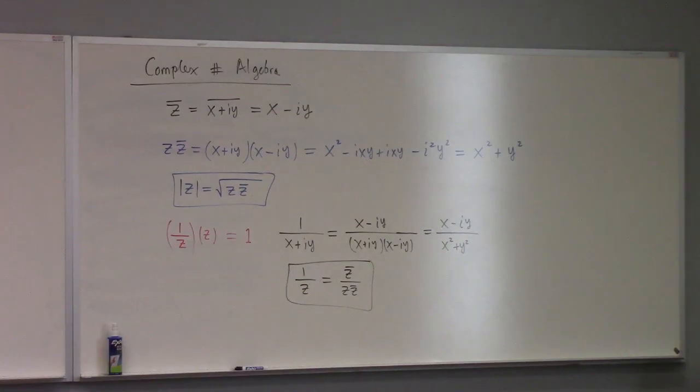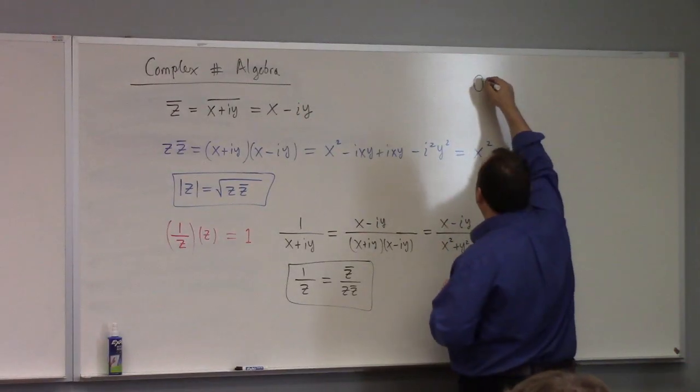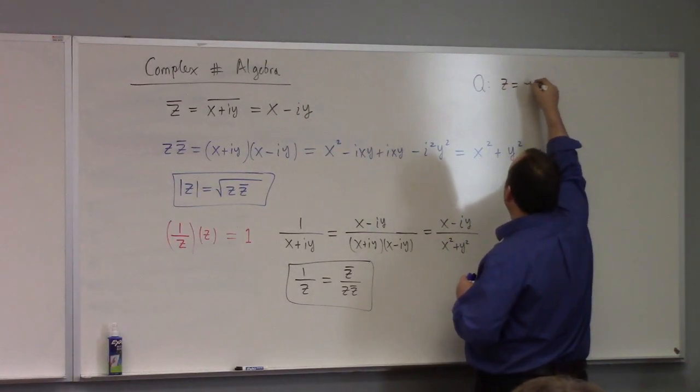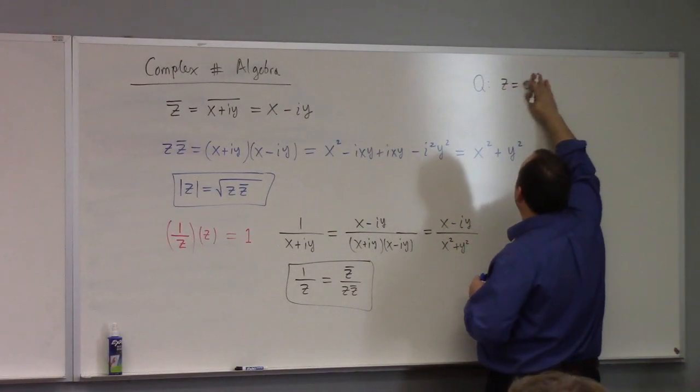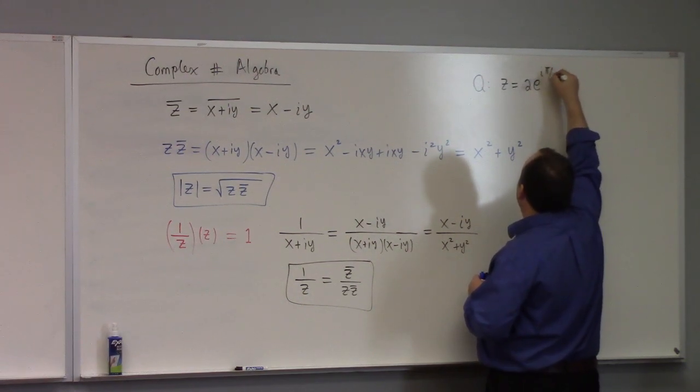Geometrically, how is the inverse of a complex number related to the complex number? Let me ask that question. z is equal to 2 e to the I pi over 4.